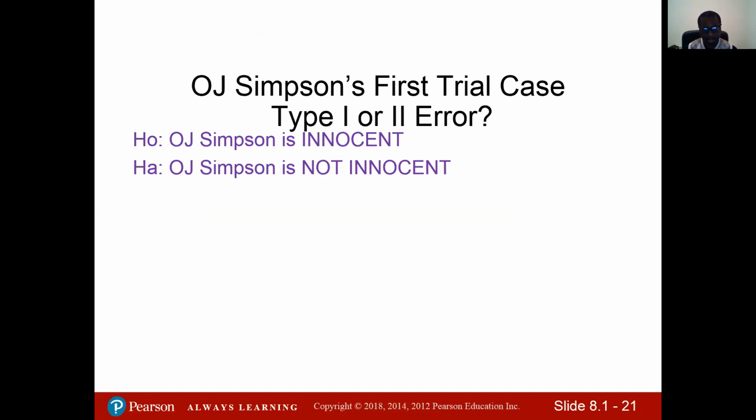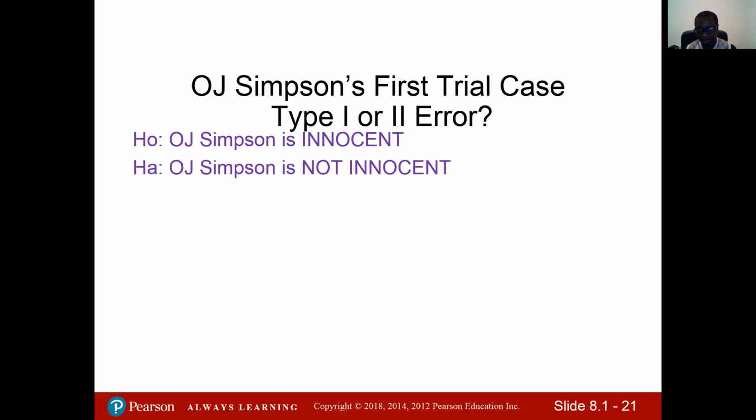If you remember the story, it was about a glove that didn't fit, so they let him go. It is rather the second trial that put him in jail. He finished serving his sentence, I think last year or 2 years ago. So what type of error is this?